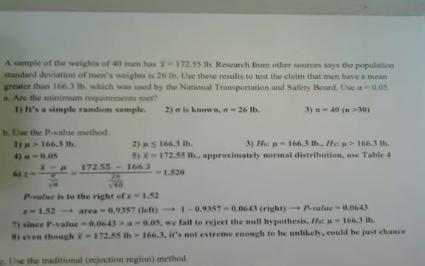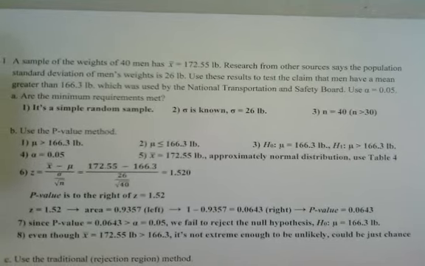The real question is, when you get a value that's off of your average, is it off far enough to suggest that you can support the claim that it should have been higher? In this case, 172.55 is higher than 166.3, but it's not extreme enough to be unlikely. It could have been just random chance from one sample to the next.